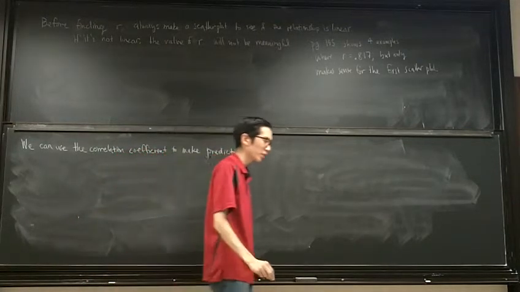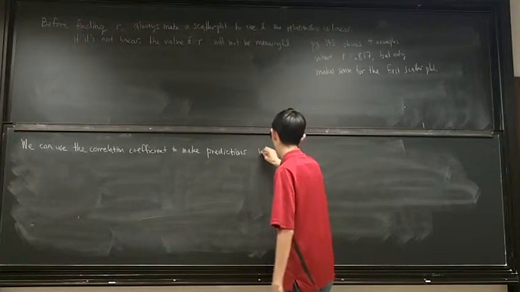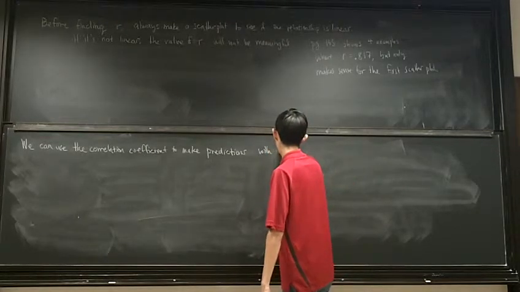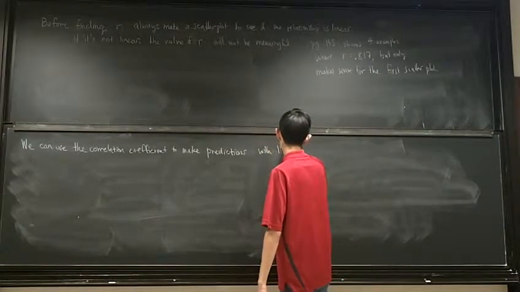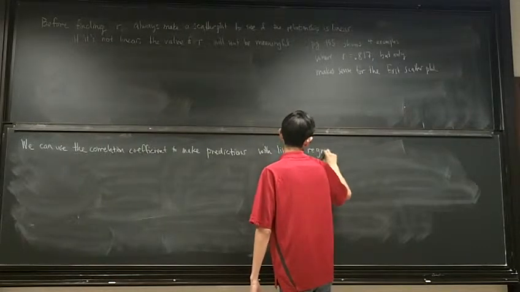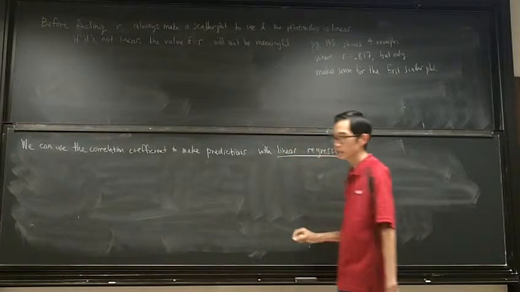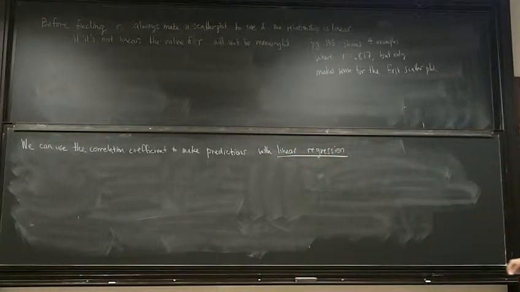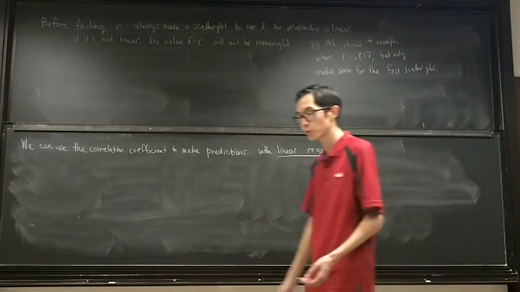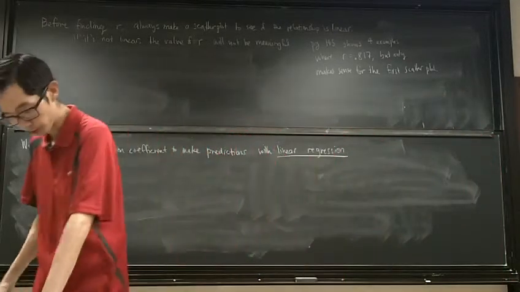Make predictions with linear regression. So linear regression is a tool that we use to basically make predictions for one variable based on the other variable.